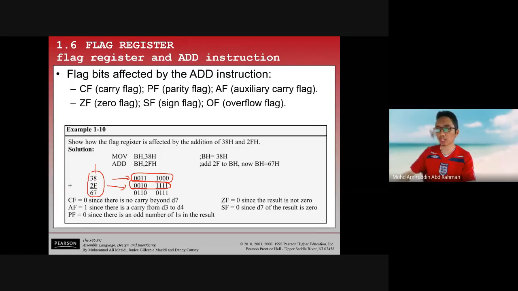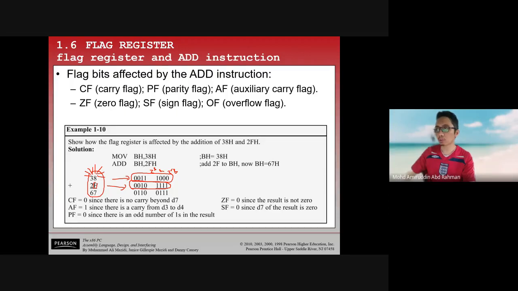We expand 8 into 4 bits, 3 also into 4 bits, and F, of course, will be 1111. So for 8 we have 1 at 2 to the 3, giving 1000. The 3 is 2 to 0 plus 2 to 1, so 0011. Here we have 0010, which is equivalent to 2, and 1111, which is equivalent to F.